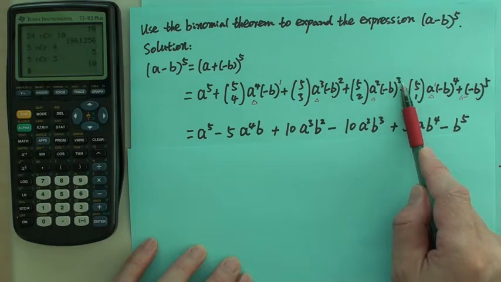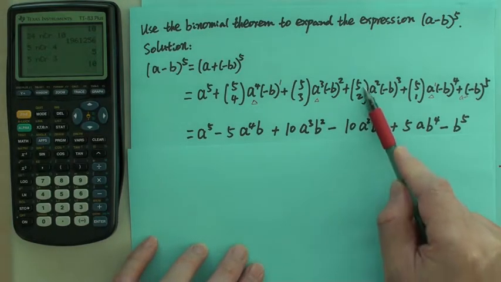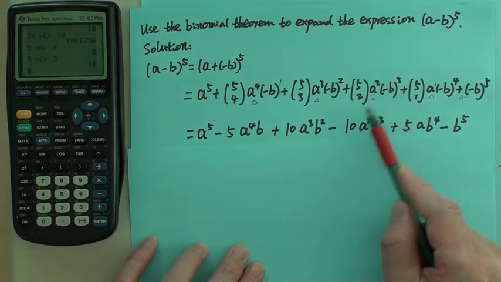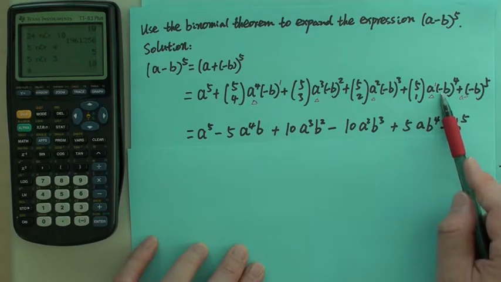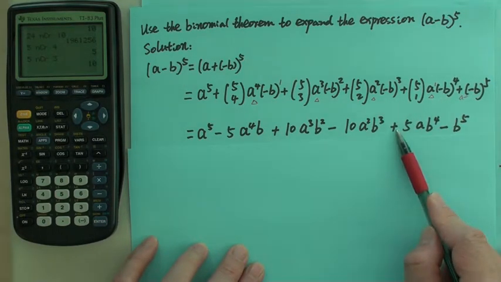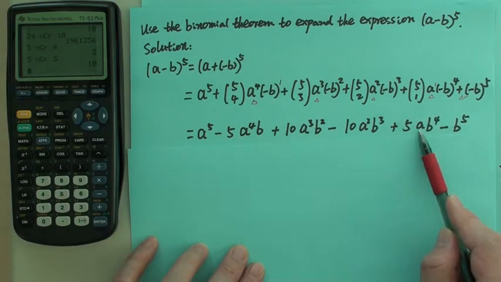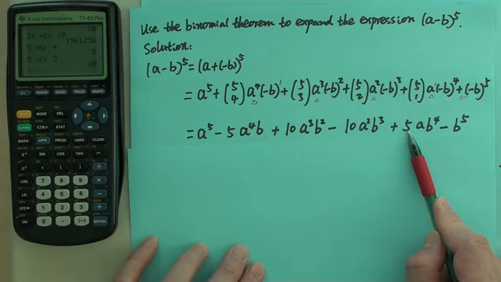And here is a negative exponent, so you have a negative right here. Alright? Yeah. 5 choose 2 is 10, a squared, and b cubed, negative comes to the front, because negative b three times is still negative. And negative b four times is positive. So b to the fourth is here, a right here, and 5 choose 1.